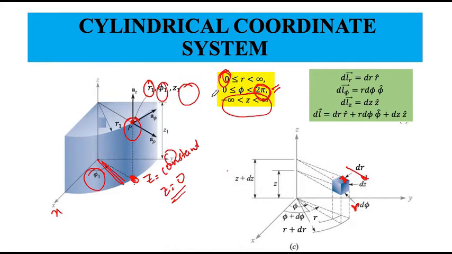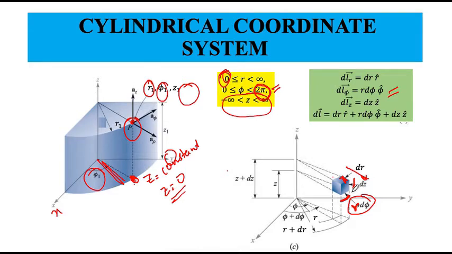So if this is your radius r and this is the distance that you have moved, d phi, then the arc length here is r into d phi, and that is the line segment here along phi. Now along z, it is simply dz, no change from rectangular coordinate system.